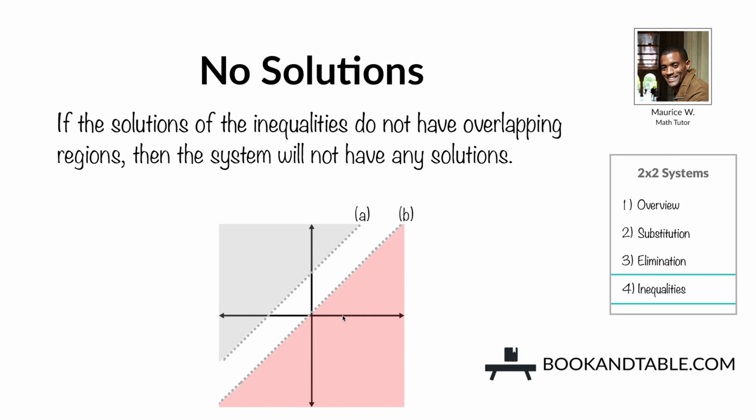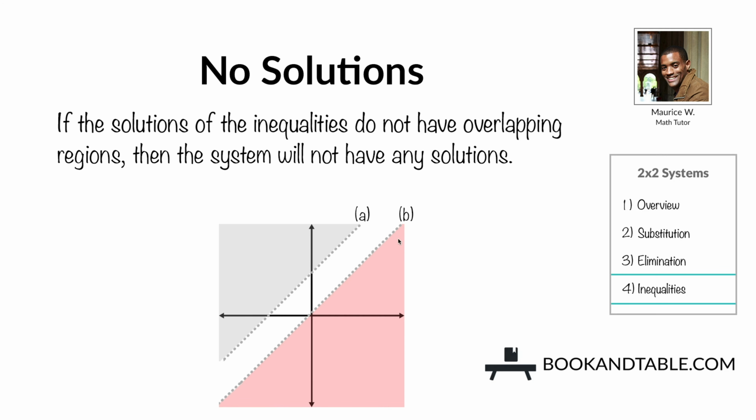Now there will be some cases in which you will not have any solutions. If the solutions of the inequalities do not have overlapping regions, then the system will not have any solutions. So let's say you had some inequality A, and the solutions were greater than this line, then these points would represent the solutions.